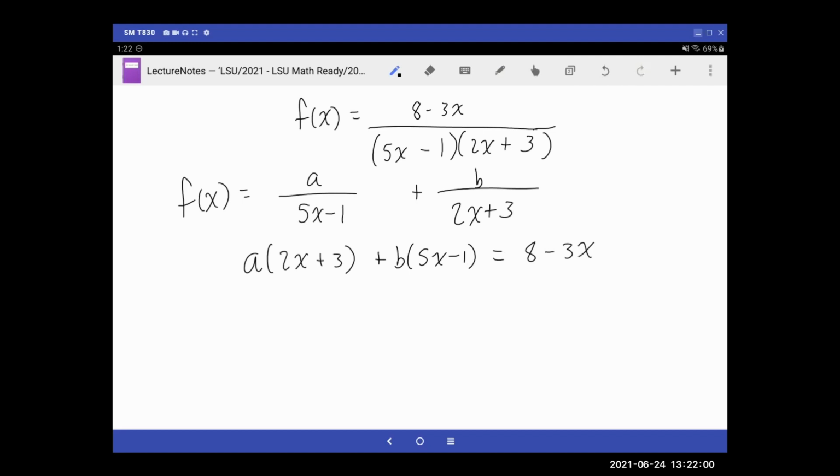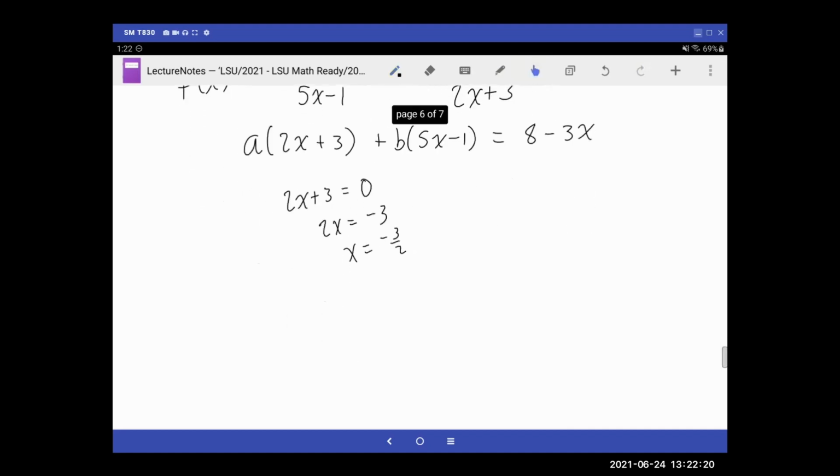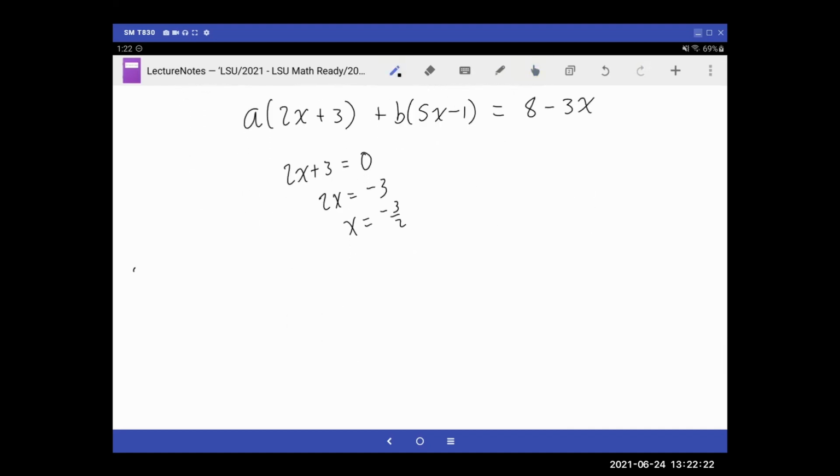Okay, so let's use that trick from before. I'm going to find the value that makes this one 0. That might be a little bit of extra work. So I'll just do 2x plus 3 equals 0 and solve that really quickly to decide what x I want to plug in. Negative 3 over 2. So if x is equal to negative 3 over 2, we know that this one's going to be 0.